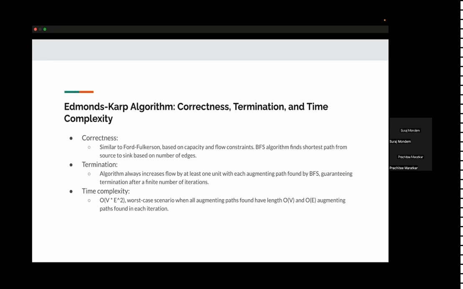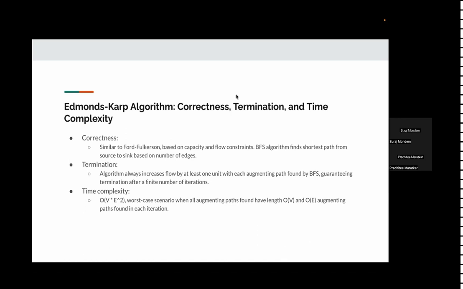The worst case scenario is when all the augmenting paths found have length order of V, and there can be at most order of V augmenting paths found in each iteration. Grouping all these conditions together, we achieve the worst case time complexity, which is order of V times E squared. In this way, we have tried to analyze how the Edmonds-Karp algorithm is more optimized than the Ford-Fulkerson method.